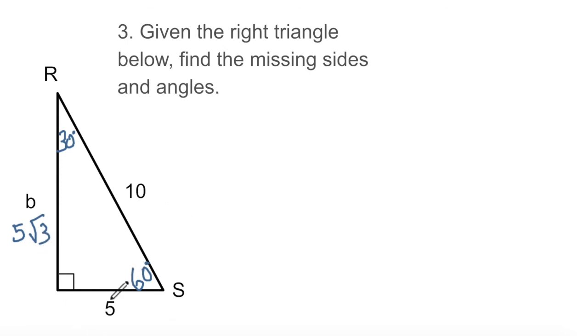Again, all we had to do is recognize that the ratio of these two sides, 5 and 10, is 1 to 2. And this is a right angle. Those two things tell us that this is a 30, 60, 90 triangle. So we know that this side B is going to be A times root 3. And we know that these two angles are going to be 30 and 60 degrees.